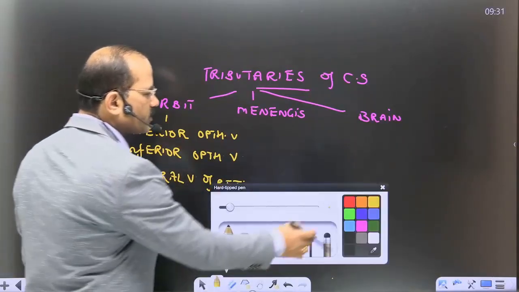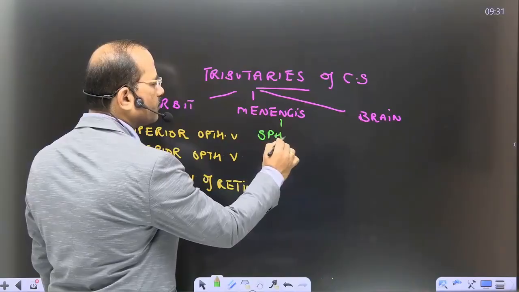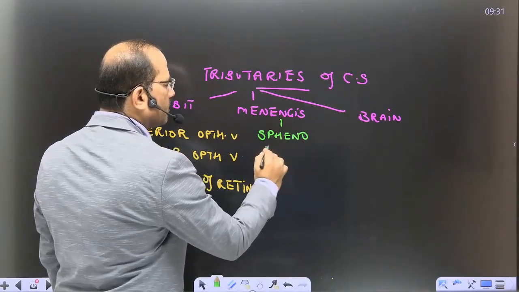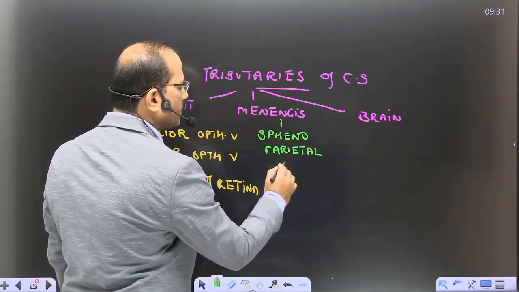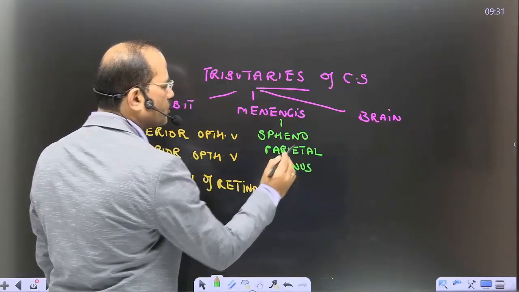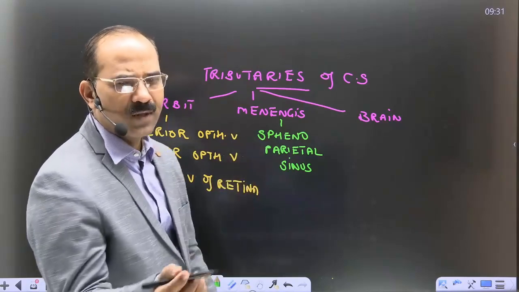From the meninges, what is a vein which comes from the meninges? There is a sphenoparietal sinus. That is the one which comes from the meninges, right? And what is the one which comes from the brain? There are two veins which come from the brain.